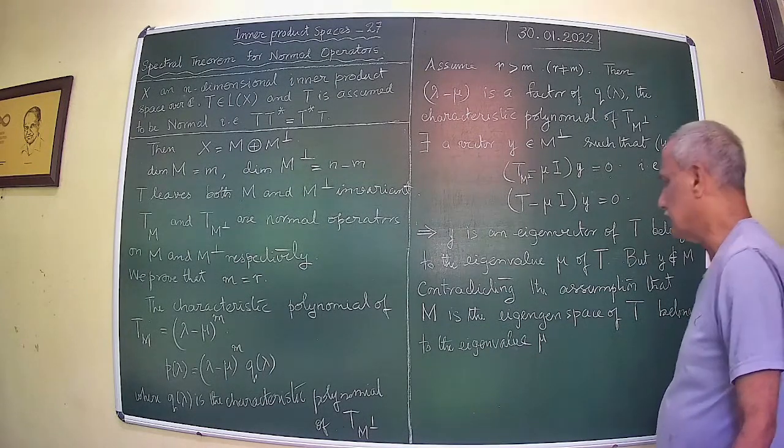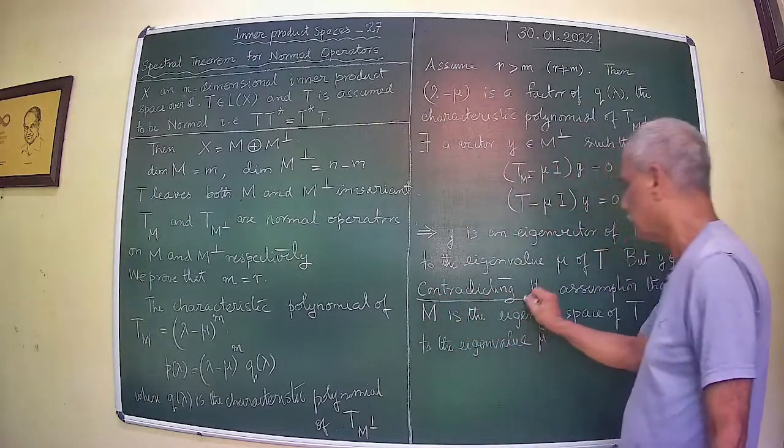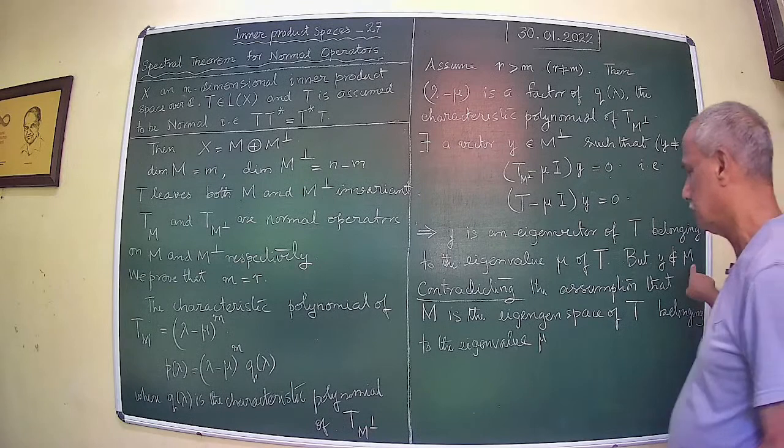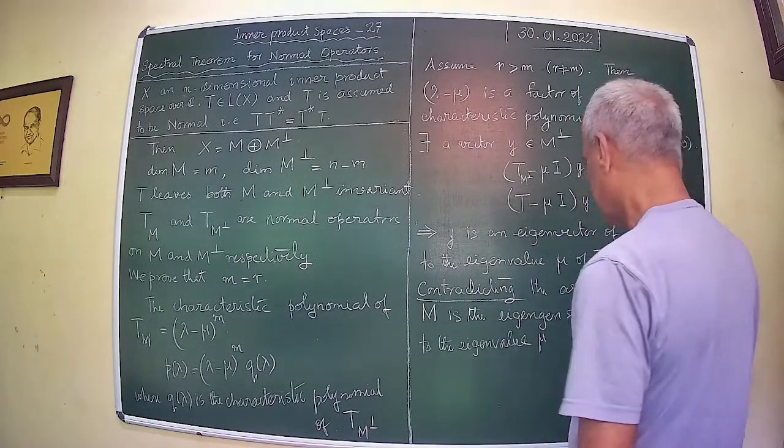Okay, so this is the contradiction that you get, right? Because y does not belong to M, it contradicts this.